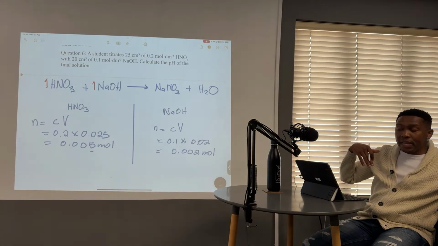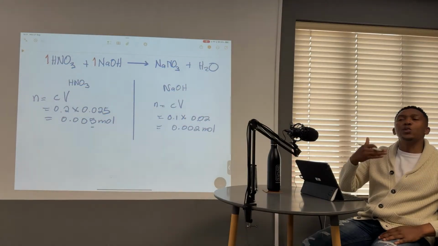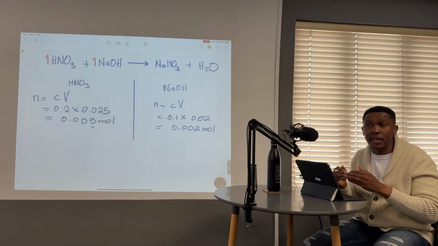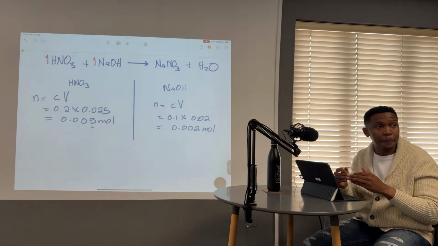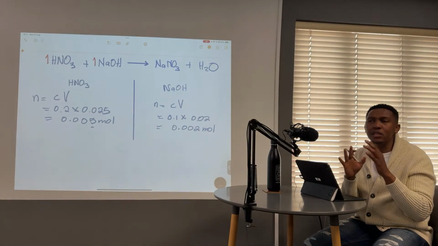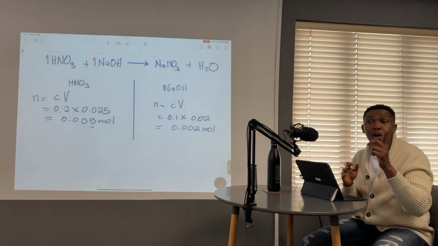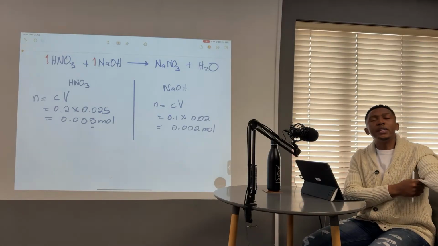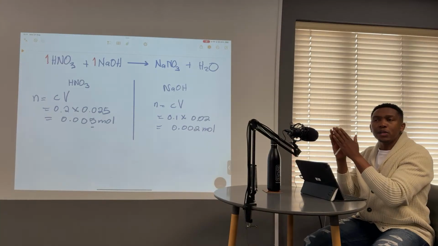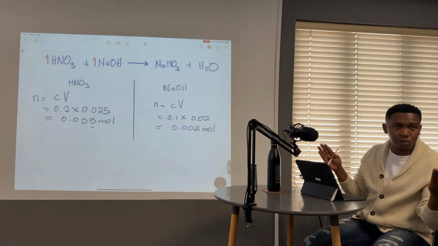So which one is more than the other? That's definitely nitric acid. Do you agree? By the way, this only works because it's a 1-to-1 ratio. What you would need to do is go to your reaction and check how much of the one you need to react with the other.